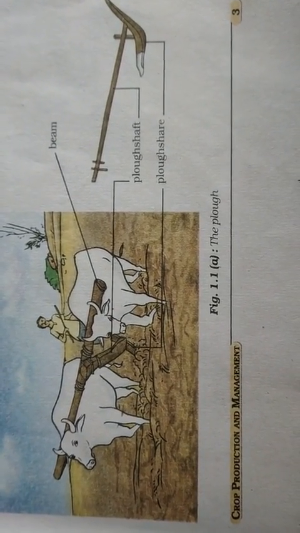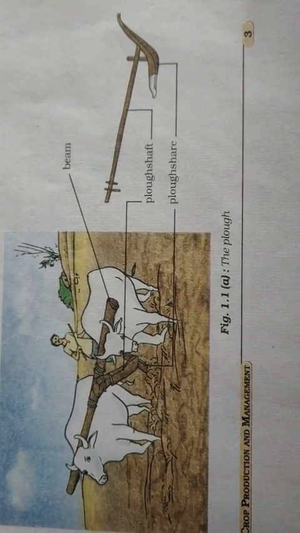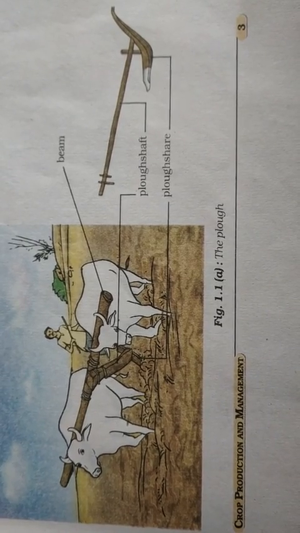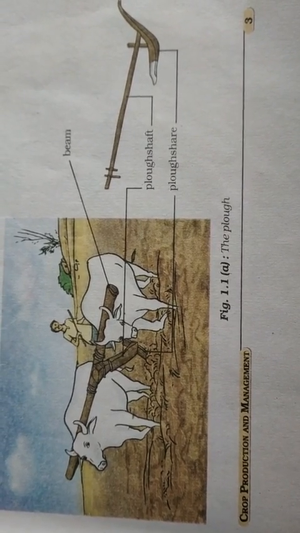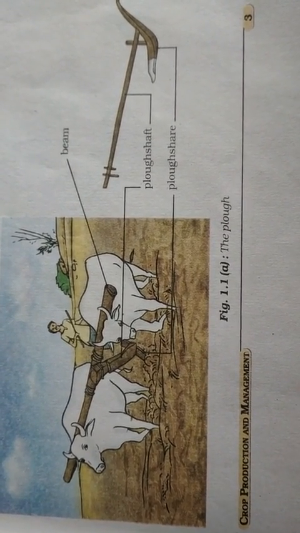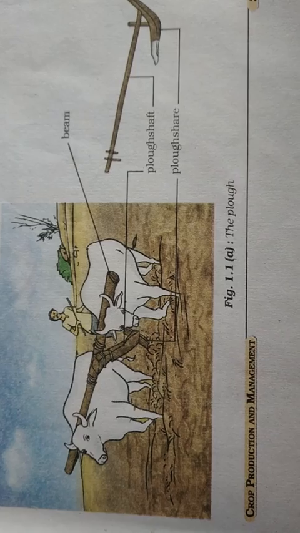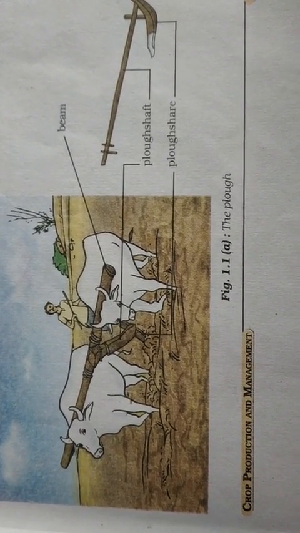There is a handle at one end of the shaft, and the other end is attached to a beam which is placed on the bull's neck. One pair of bulls and a man can easily operate this tool that is called the plow.